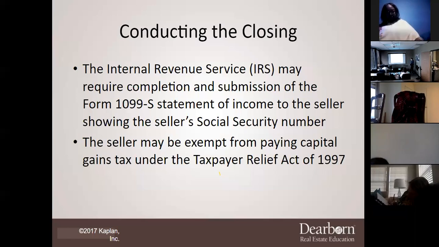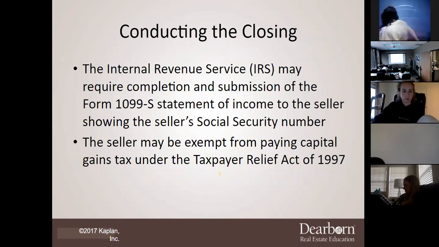And the seller may be exempt from paying capital gains tax under the Taxpayer Relief Act of 1997. When did they remove that? 1997 is when the act went into effect. The seller may be exempt from paying the capital gains tax.